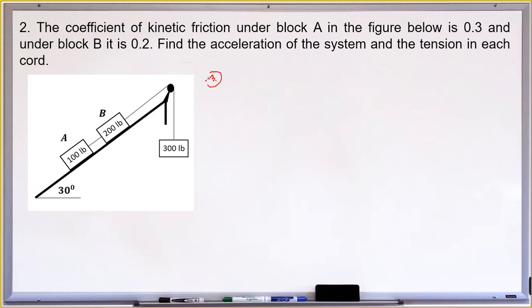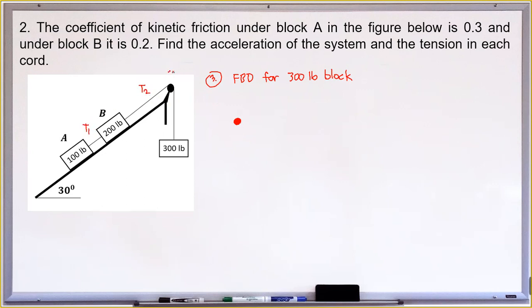So for the third part, FBD for the 300-pound block. So let's consider that one as a particle. The forces that interact, again, T2, T1.